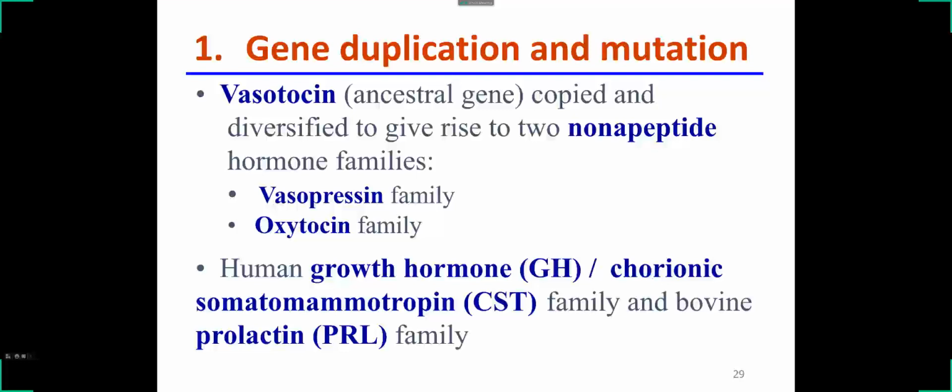Human growth hormone, or GH, which we've heard about, came from an ancestral gene and is also related to the bovine prolactin family, okay? So both of these are examples of gene duplication and mutation.